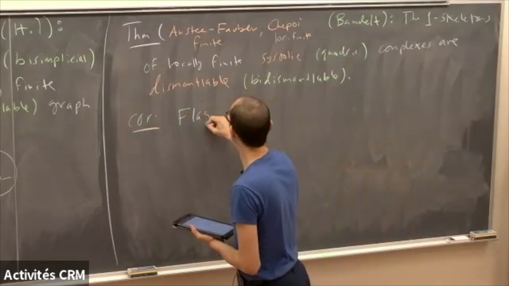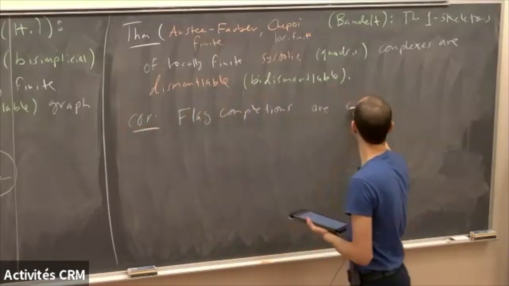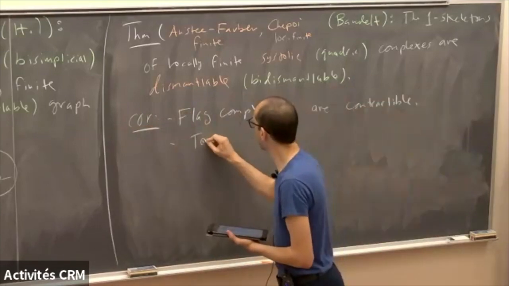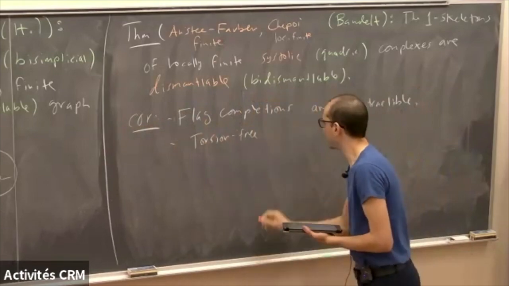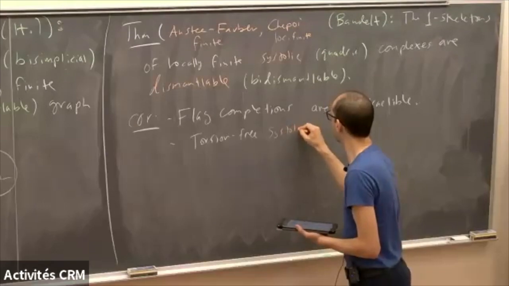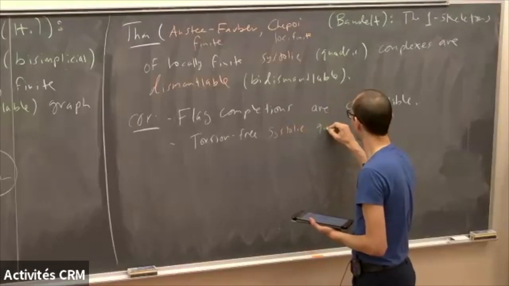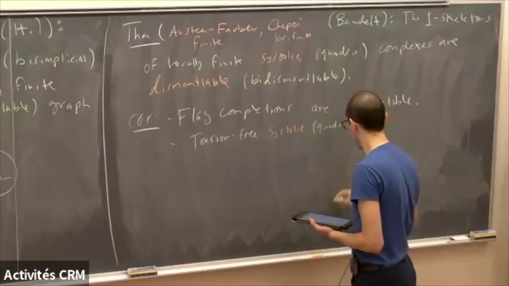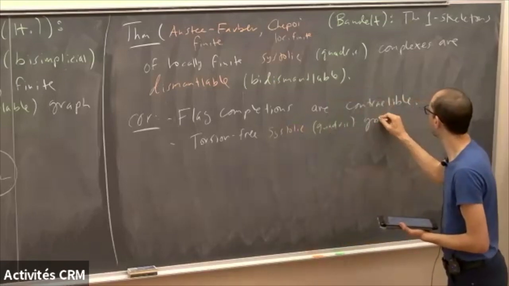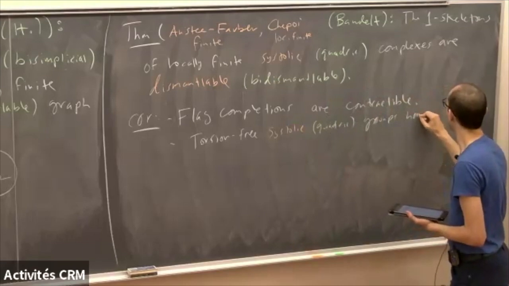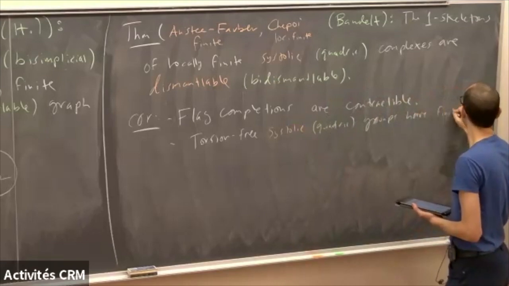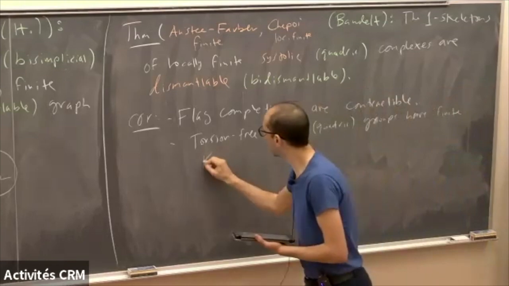And as a corollary, flag completions are contractible, and the torsion-free systolic and quadric groups have finite K(G,1).